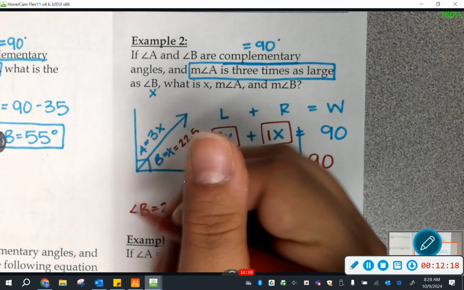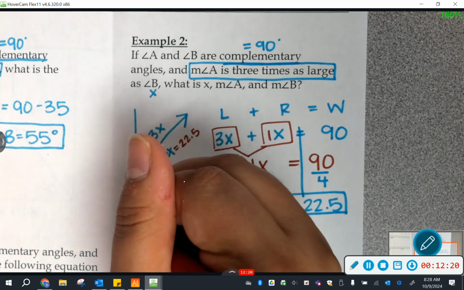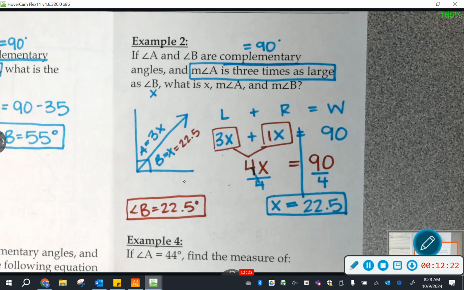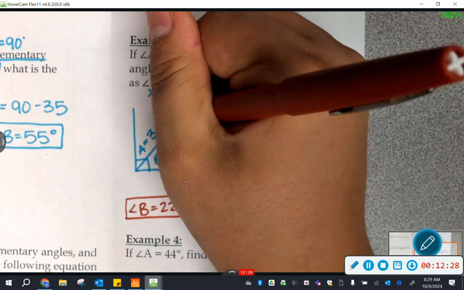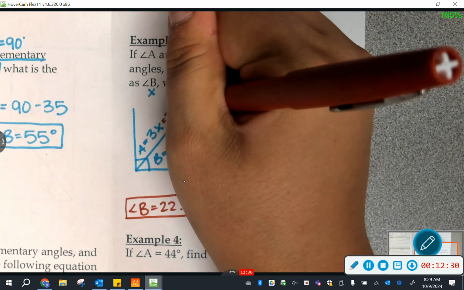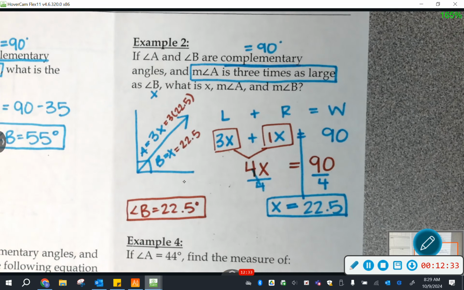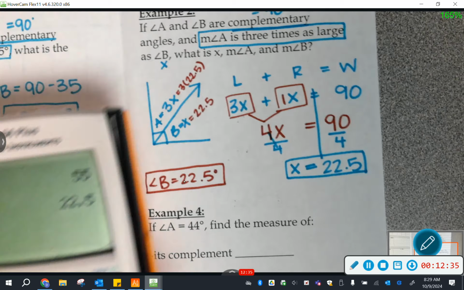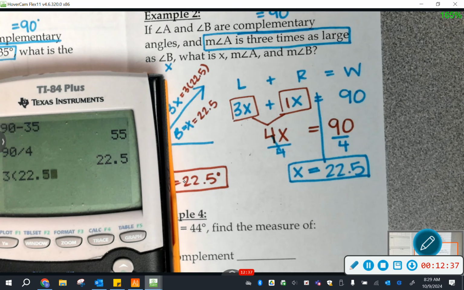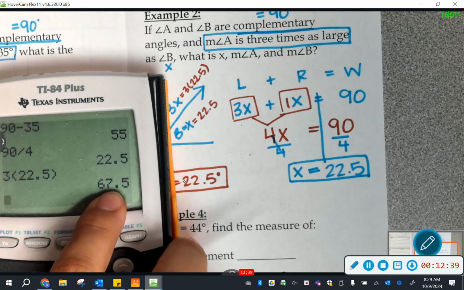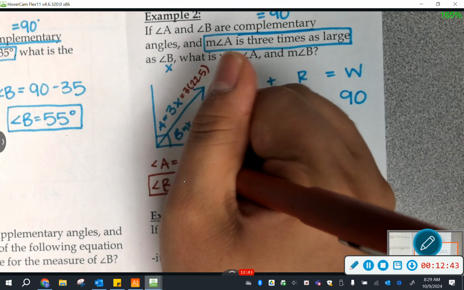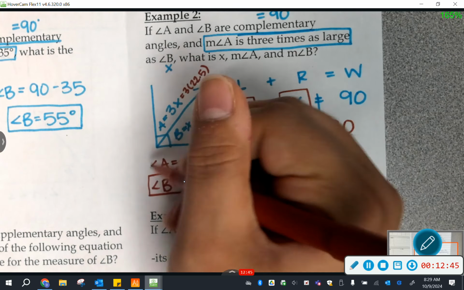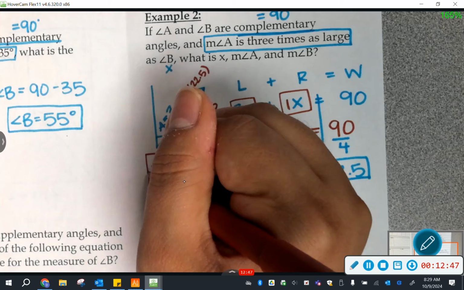Degrees. How do I find angle A? 3 times 22.5. Plug in your 22.5. What is 3 times 22.5? 67.5 degrees. So angle A is 67.5 degrees.